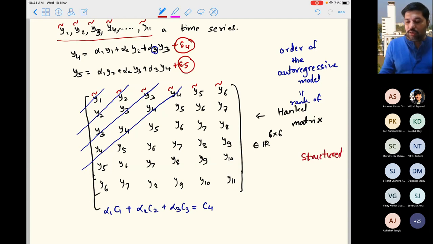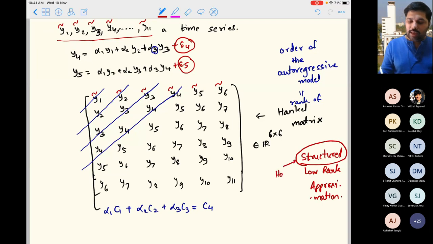The structure is that the low rank approximation should have Hankel structure on top of being a low rank approximation. That is really very critical. Unless the structure is Hankel, you cannot go back to the time series idea. That is something really very important.